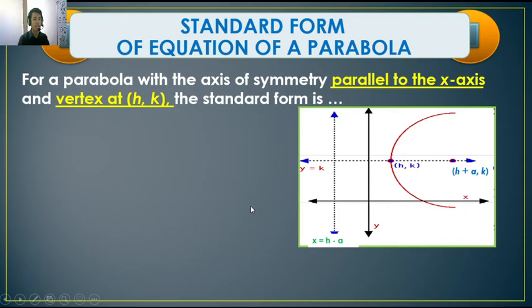So this time, for a parabola with the axis of symmetry parallel to the x-axis and the vertex at (h, k), the standard form is... So a while ago, the axis of symmetry was parallel to the y-axis, and the orientation of the parabola opens upward or downward, vertical.